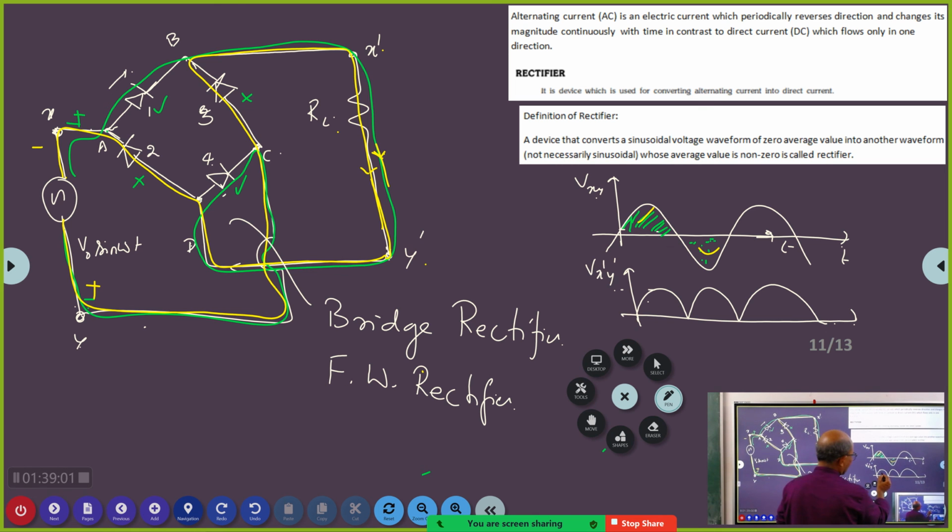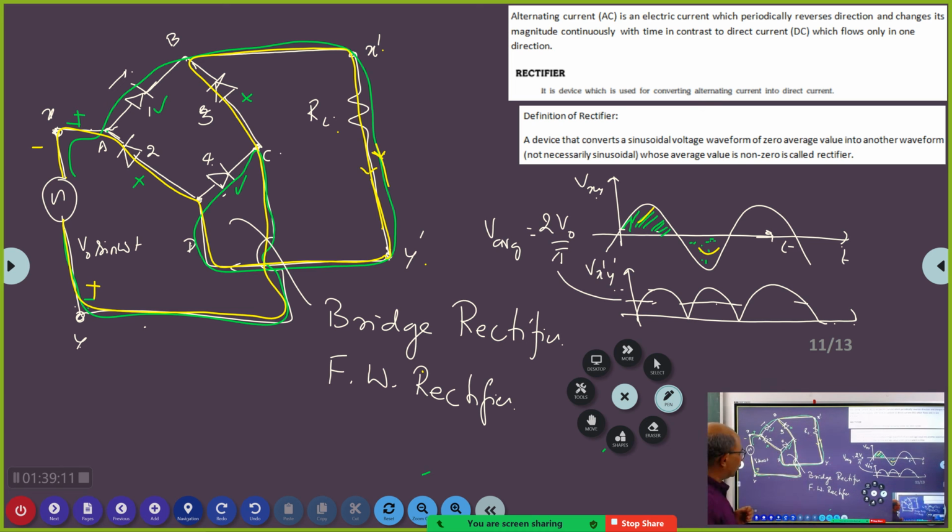Now, if you perform the average value of this, it will come to 2 V naught by pi. For half wave, you have got V naught by pi. Here you will get 2 V naught by pi. Again, an input waveform whose average value is 0 is converted into another waveform whose average value is non-zero. Got it?